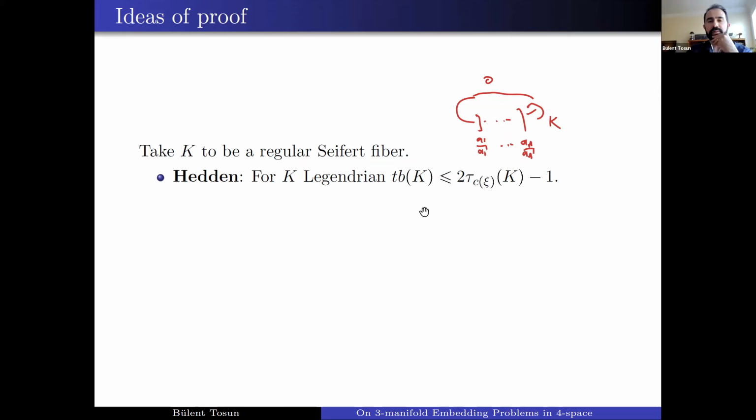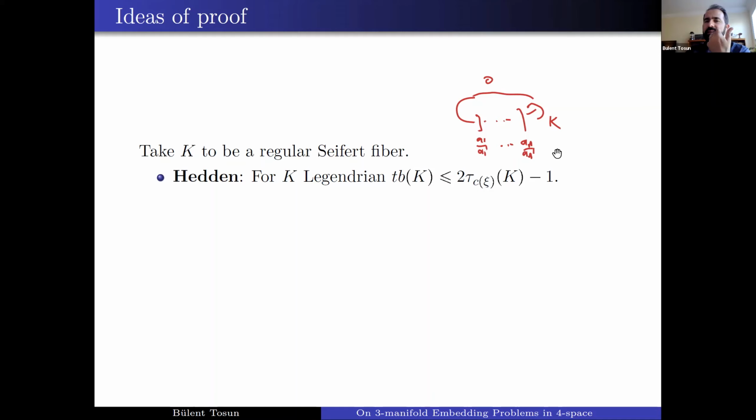For the contact tau, there is this kind of result by Hedden: if K happens to be Legendrian, then there is an upper bound on the Thurston-Bennequin number of K. So in our case, we are thinking of Seifert fibered spaces. We would like to replace this TB with the so-called twisting number of this regular fiber.